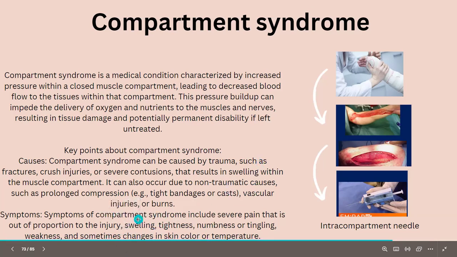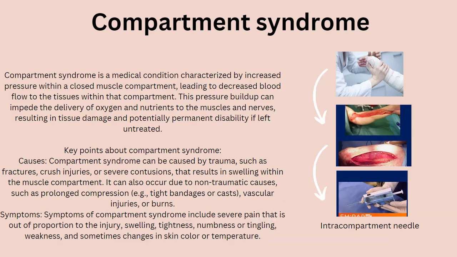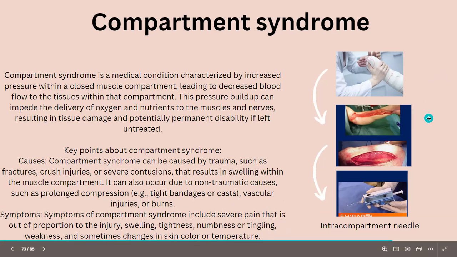It also results in changes in skin color or temperature, since when there's high pressure buildup, the flow in the arteries does not reach the muscle efficiently, which is why the muscle starts to lose its color. The forearm starts to appear pale.